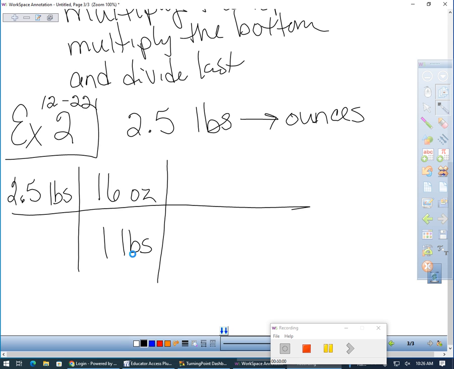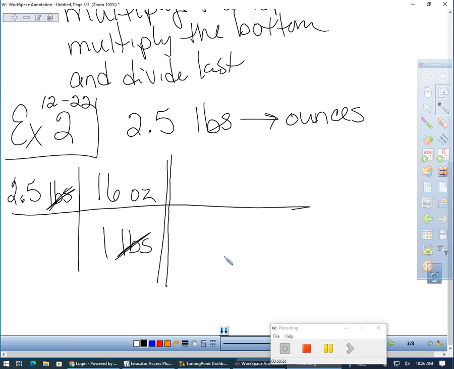That's my conversion factor. You'll notice that now this label of pounds will cancel. It's like cross-reducing. Right? You can cancel the top and the bottom. And now the label we have is ounces, and that's what we want, right? So I'm going to draw a second line here. We're going to multiply across the top, multiply across the bottom, and divide.